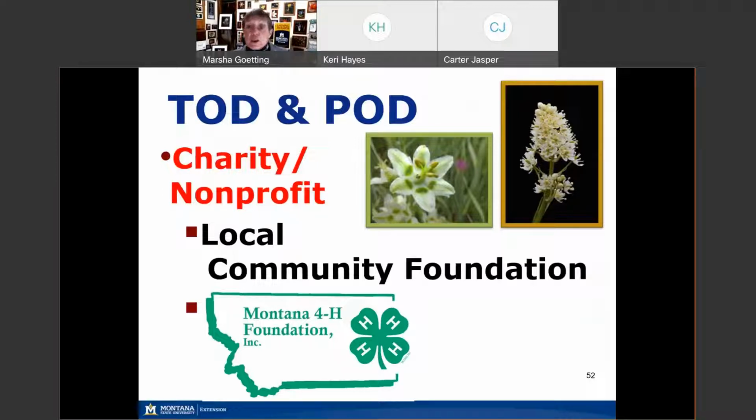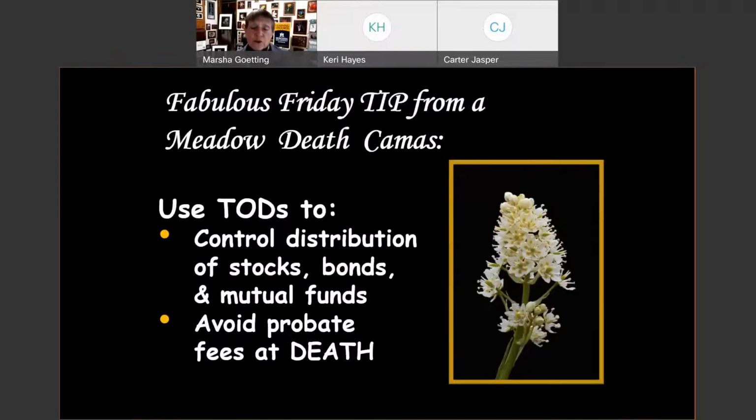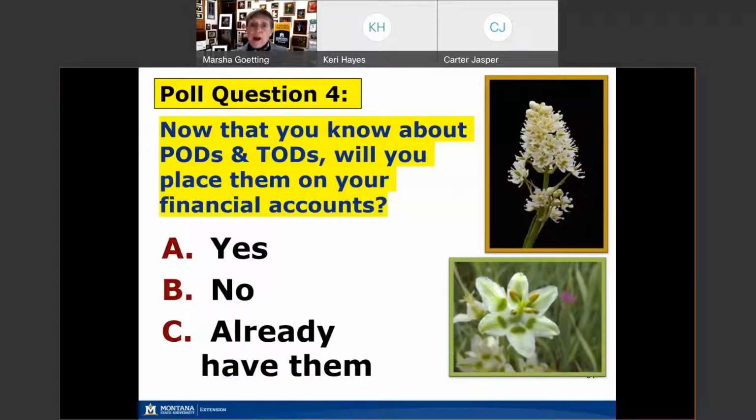Maybe you like the Girl Scouts, the Boy Scouts, MSU Extension, hello, or the Montana 4-H Foundation. So take advantage of these TODs. You've got the PODs, now you've got the TODs, and you can control your distribution and avoid probate fees at death.